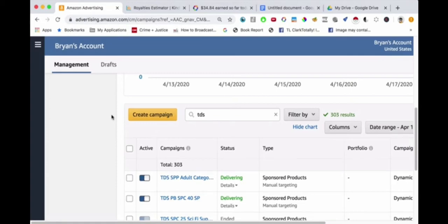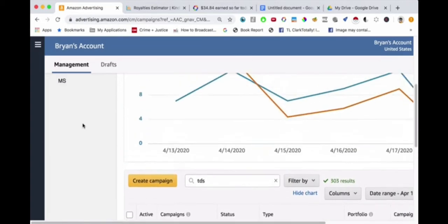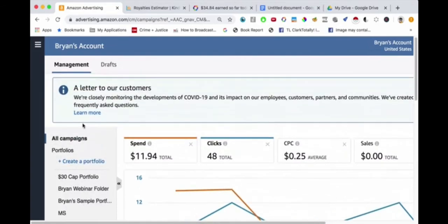So consider creating more ads through there. And if you got a big profit, go look at your other books, especially if they're in the same genre, and consider running ads to those too. Start back from the beginning, go back through the process of an auto ad and a keyword ad and a category ad, and try that.